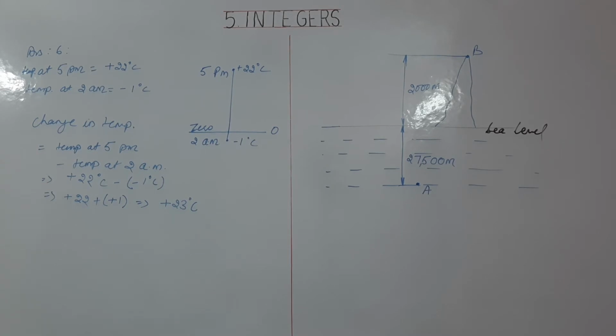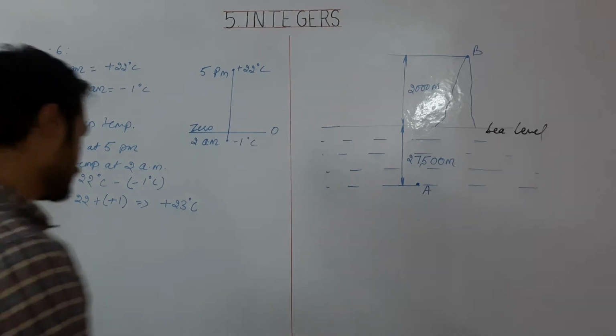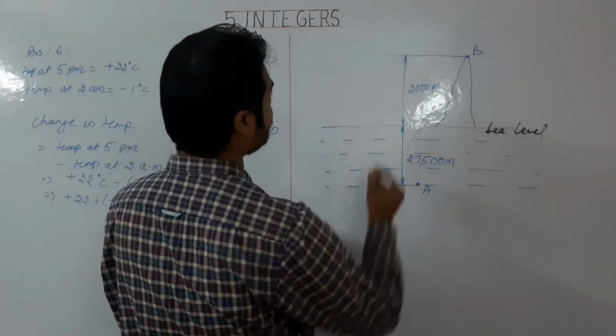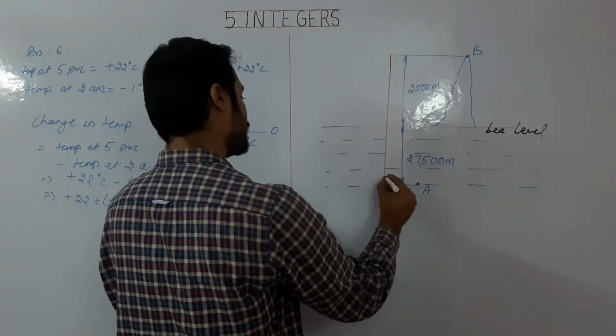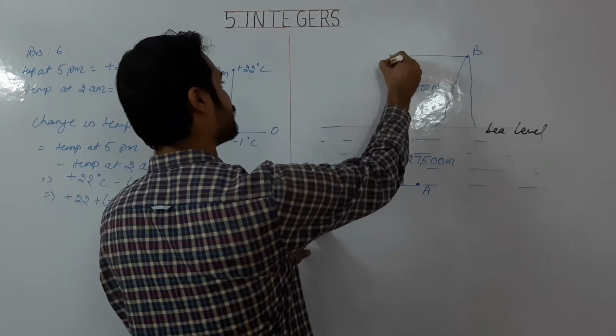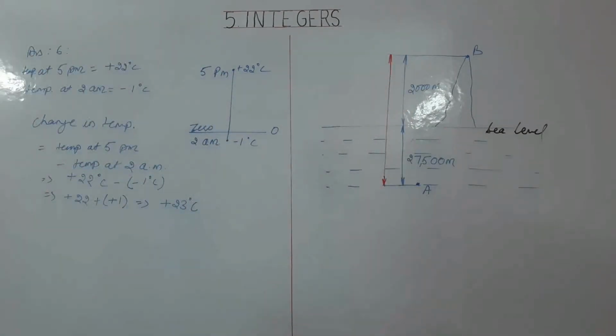Now find the vertical distance between A and B. So what will be the vertical distance between A and B? This is the vertical distance between A and B.